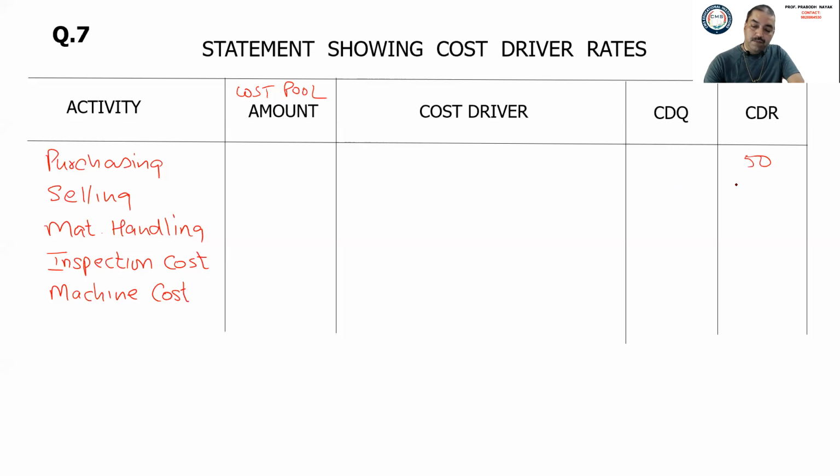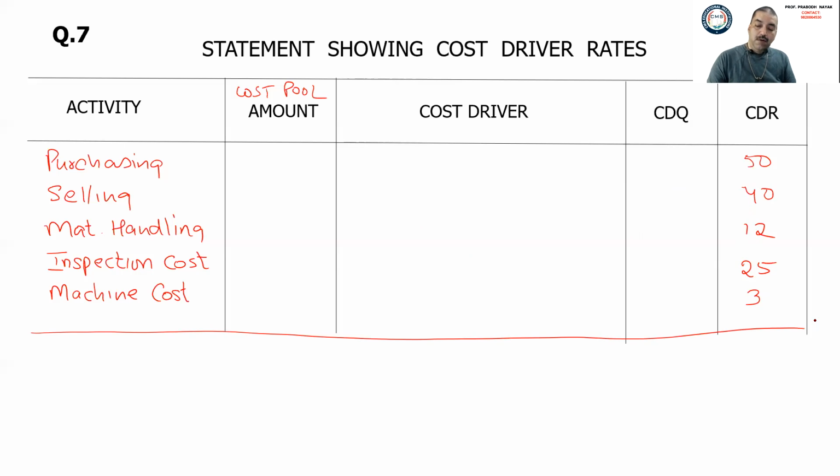What is it for material handling? 12. For inspection, 25. And machine cost? 3. I suppose everybody has got this. You have to fill up the table.